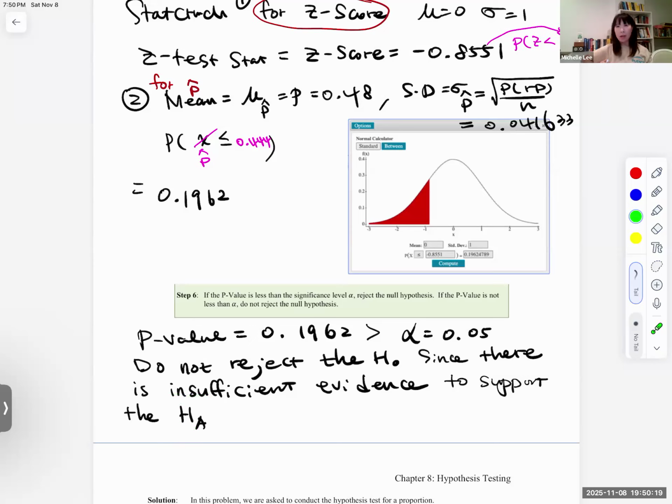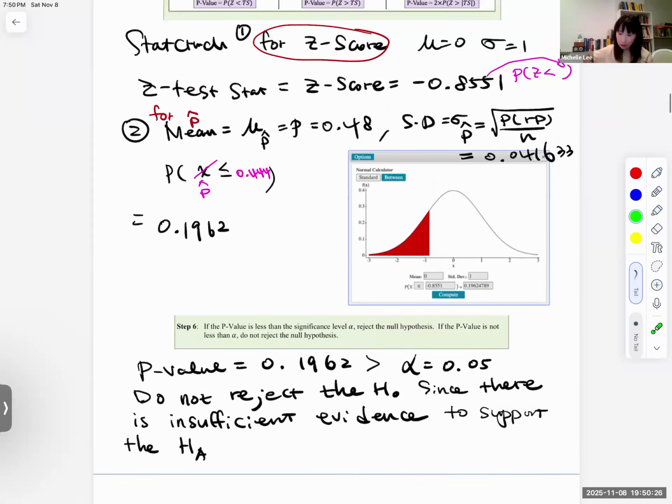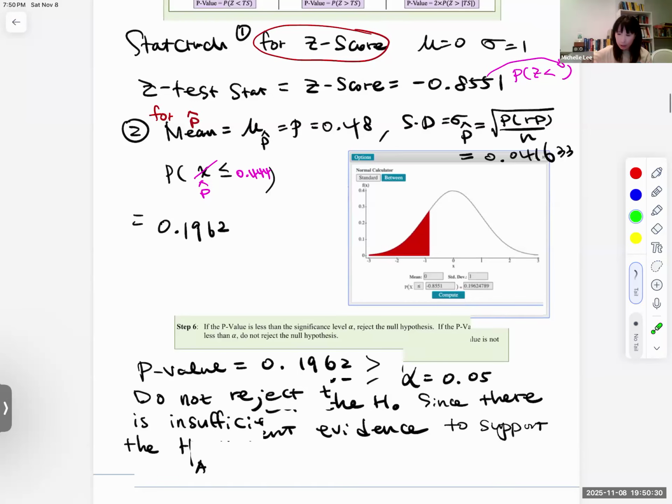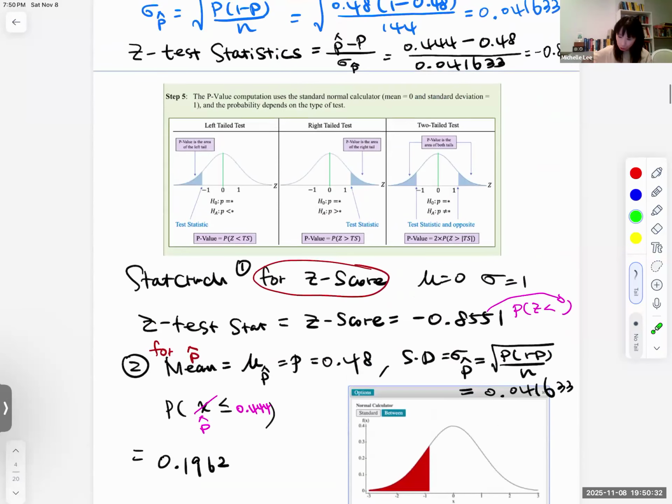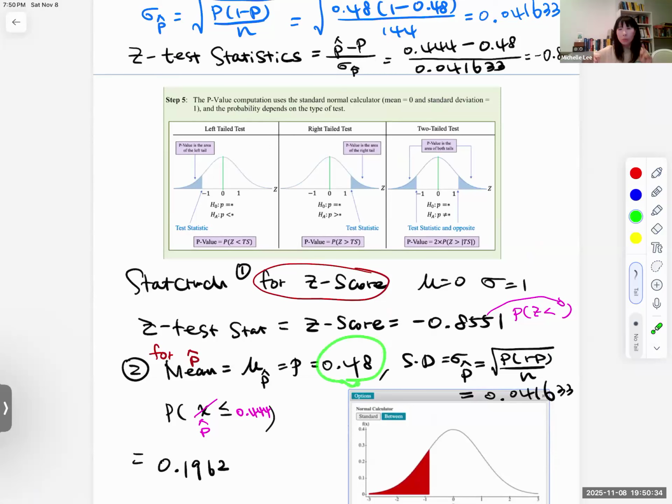It means that for the sample proportions we get, we don't get values much less than 0.48, as the alternative hypothesis says.